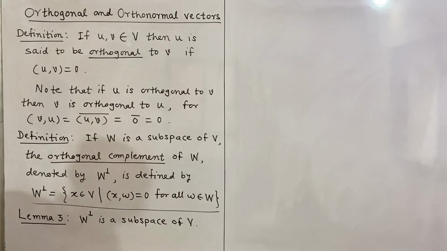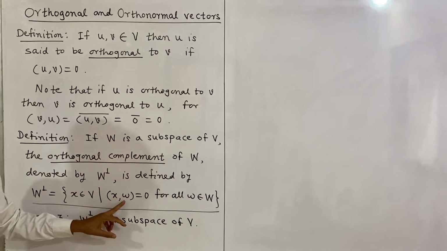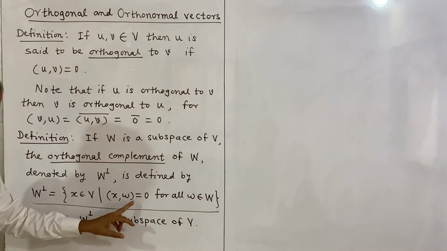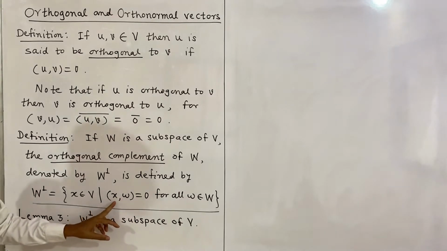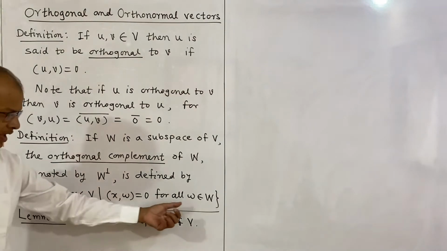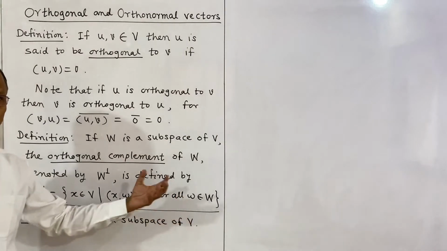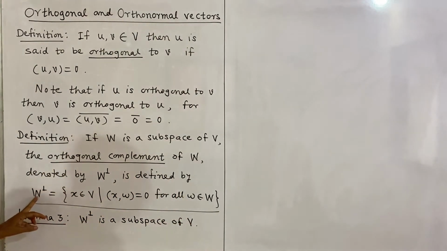That means all those vectors in V which are orthogonal to every vector in W, that set is denoted by the orthogonal complement of W.